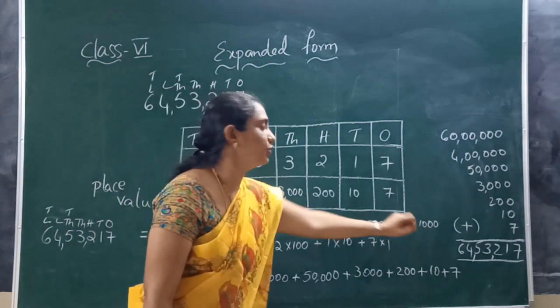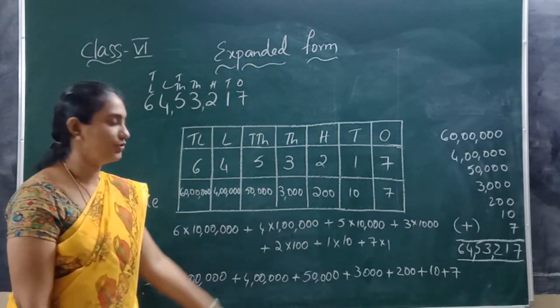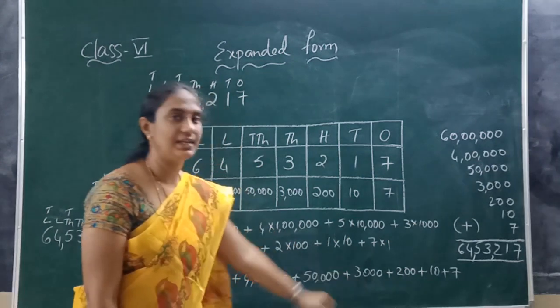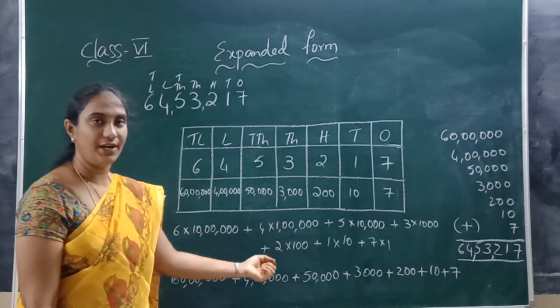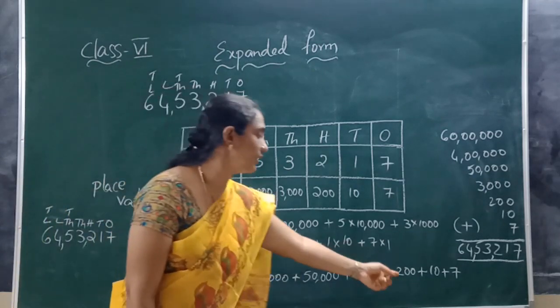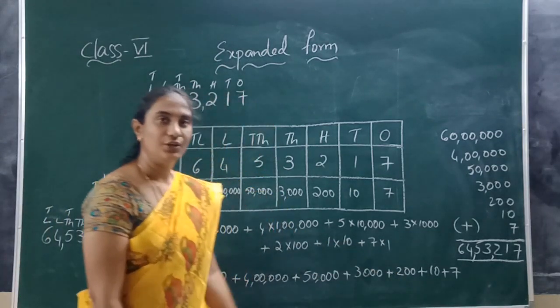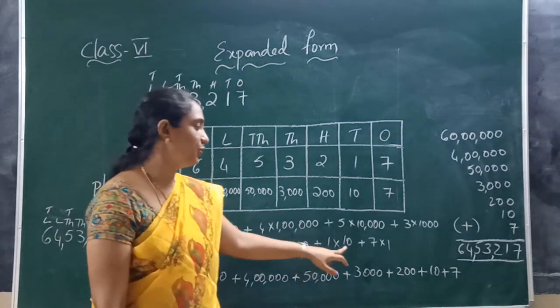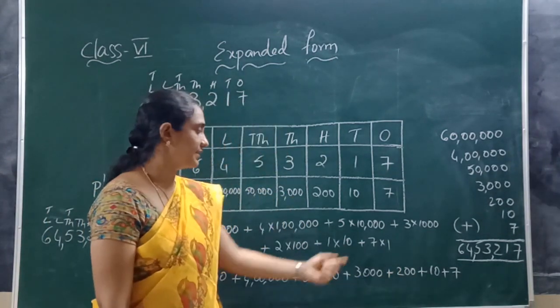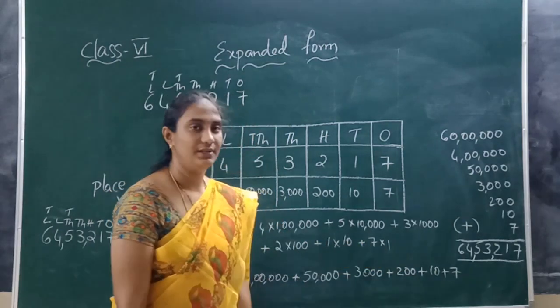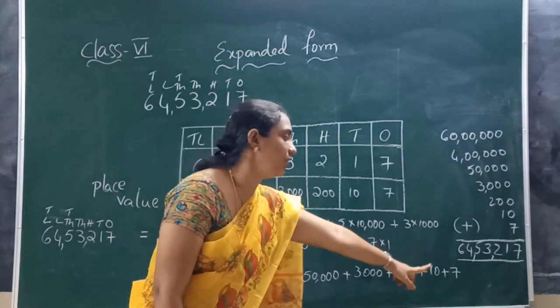Next 3 into 1,000 is called 3,000. 2 into 100 is called 200. 1 into 10 becomes 10. Next 7 into 1 is called 7.